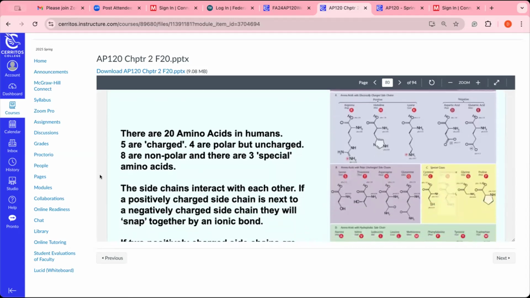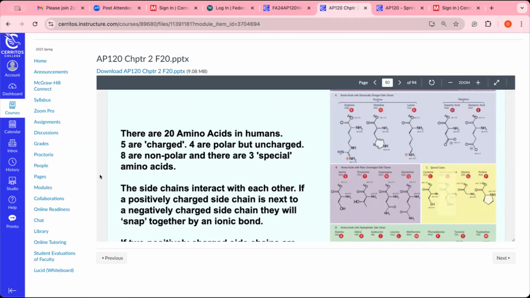There are 20 amino acids in humans. Five are charged, so they're ionic. Four are polar but uncharged, so they have to do with water.